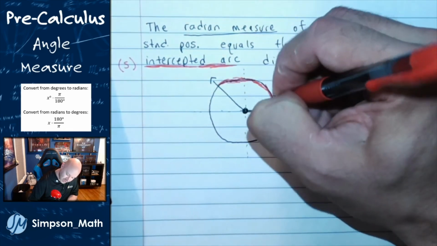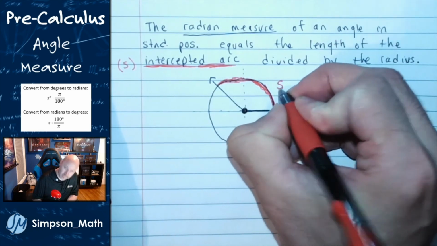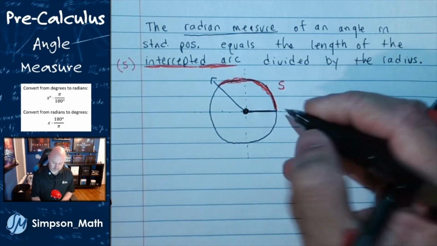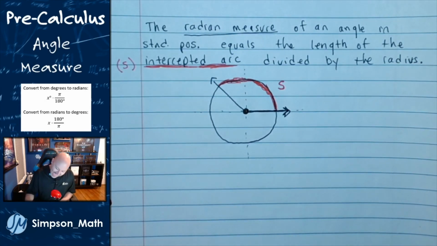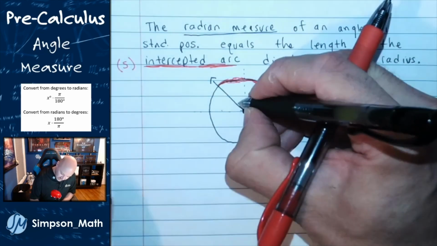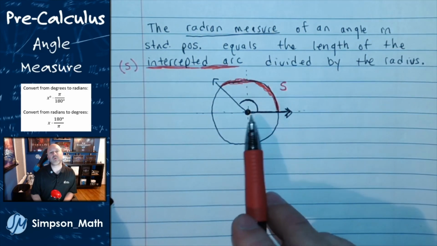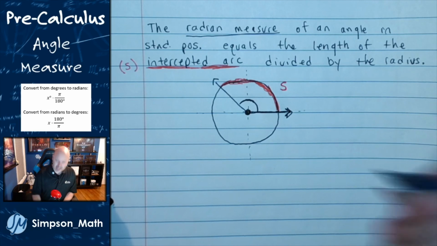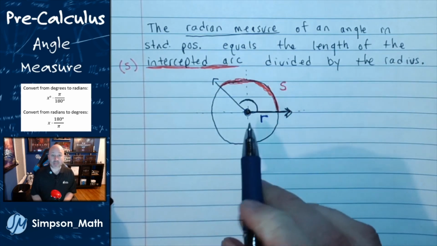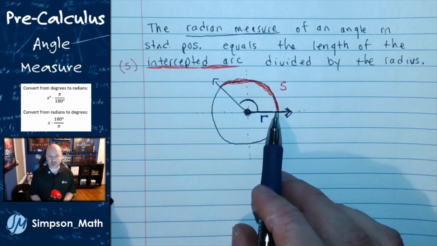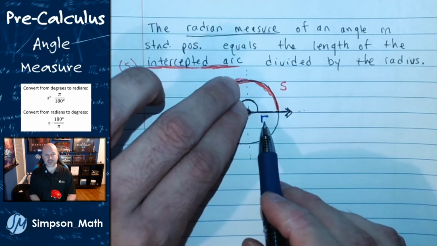It's been cut away, and I'm going to call that S. The measure of this angle in here will equal that arc length divided by the radius of the circle. So I'll label the radius r, little r, from the vertex to where the ray intercepts the circle.